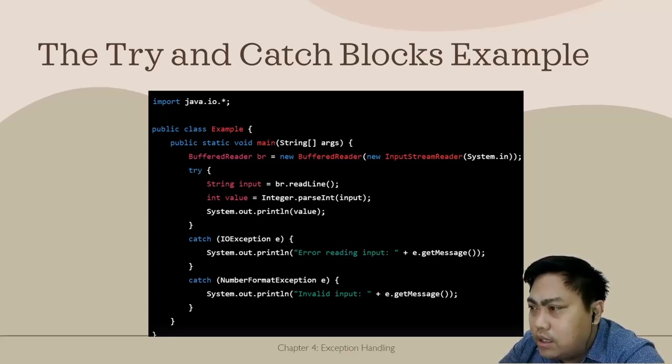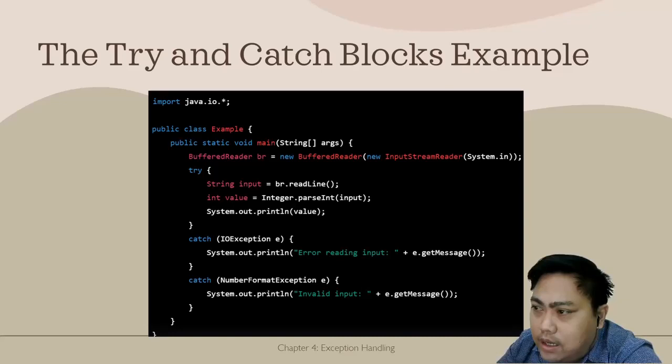this is the try block, and then we prepared two catch blocks. So in this example, we have multiple catch blocks. We are trying this code, which might produce two exceptions. The first exception is the input output exception, and the second is the number format exception.